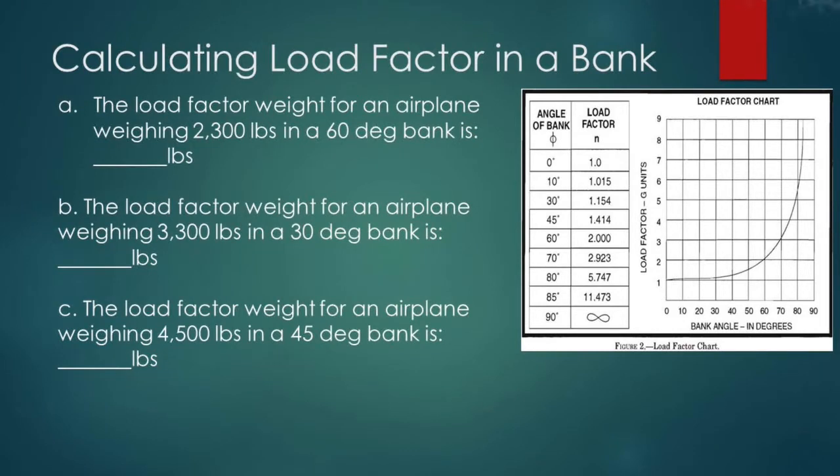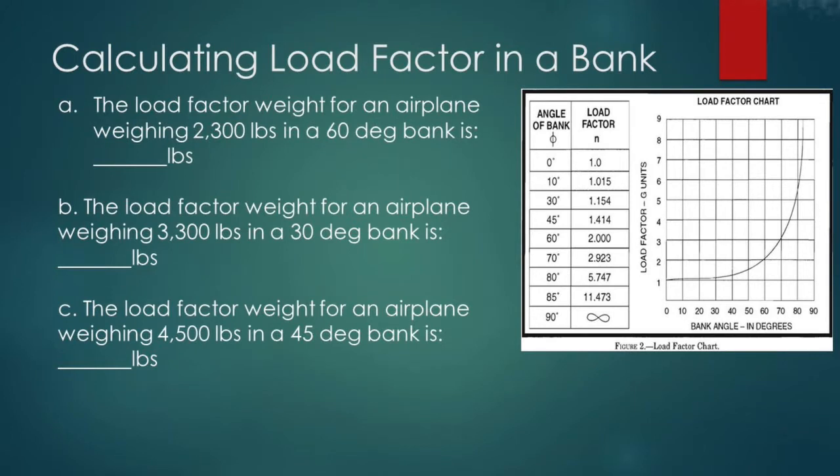When you have 0 degrees of bank, you have 1 G. At 10 degrees of bank, it's 1.015 Gs. At 30 degrees of bank, 1.1. Notice at 60 degrees of bank, you're pulling twice your normal weight. You're carrying 2 Gs.